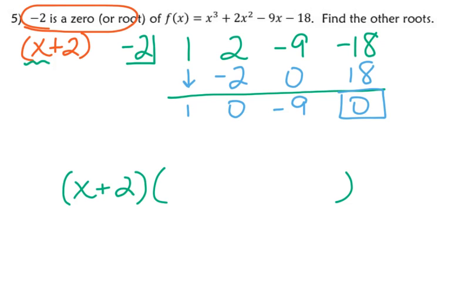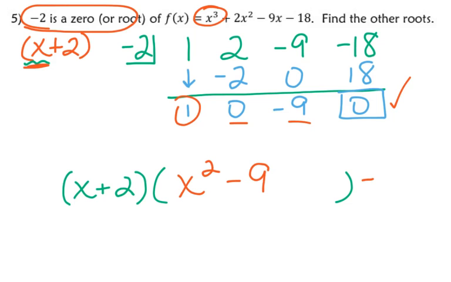Okay, so this is what it should have looked like, and it was good that we got 0 as a remainder. I knew that was going to happen because they told me automatically negative 2 is a 0. Now, we started with an x cubed, we divided it by an x, so that means that this 1 right here is going to represent a 1x squared, plus 0x, which we don't need to write, and then minus 9. Now, it's asking me to find the other roots or solutions, so we're going to set this equal to 0.